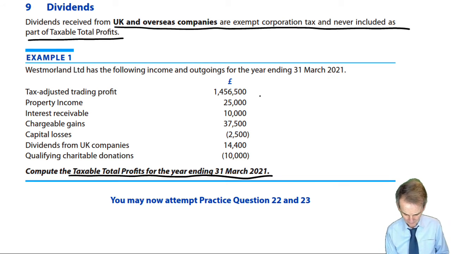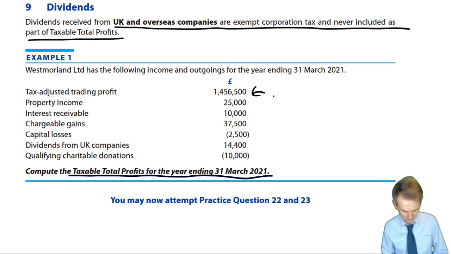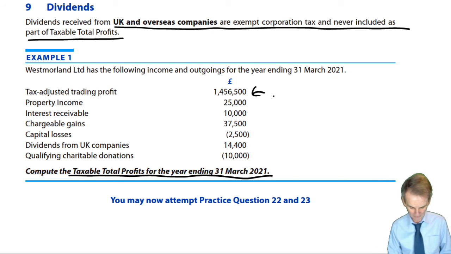What have we got? There's the tax adjusted trading profit. If I've given you adjusted profit and separately capital allowances, then of course you would take the capital allowances from the adjusted profit to give you the tax adjusted trading profit. So that will be the first figure to go in.